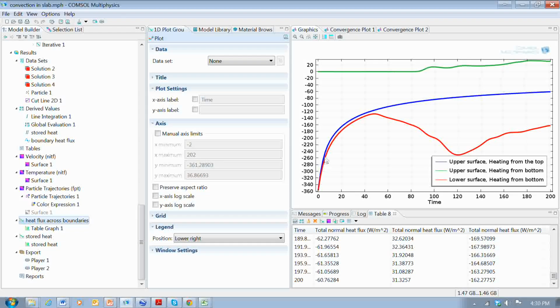And what's going on is that we haven't really had convection start in any appreciable way up till 50 seconds.